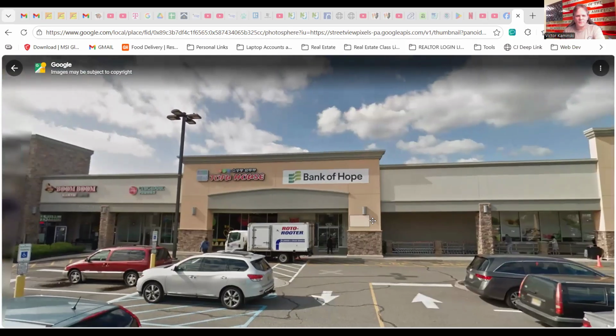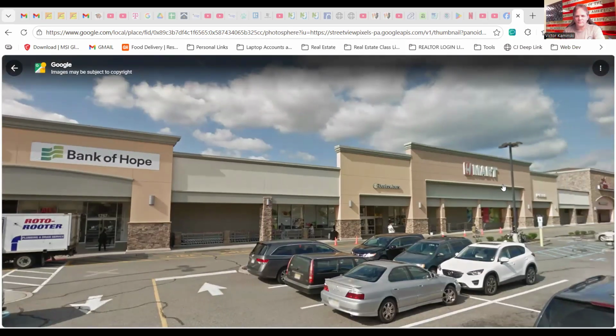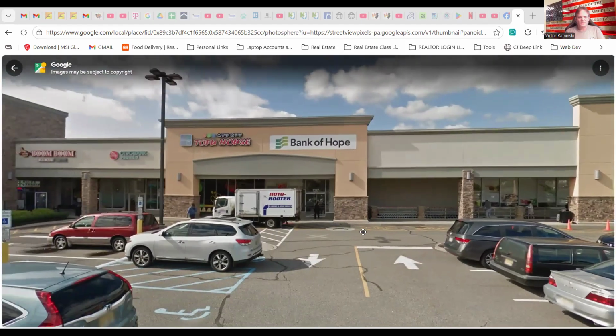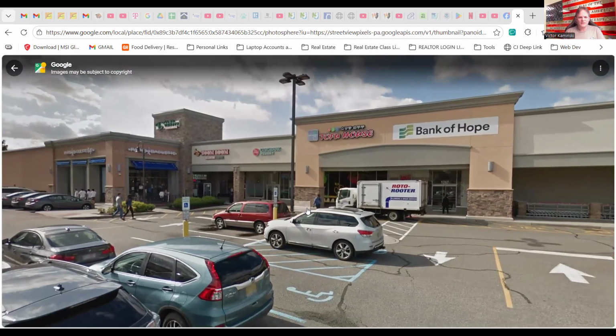So you can see this is that H Mart shopping center or Festival shopping center. The only anchor store was always that H Mart store there. Looks like they have a bank here, and all kinds of restaurants.